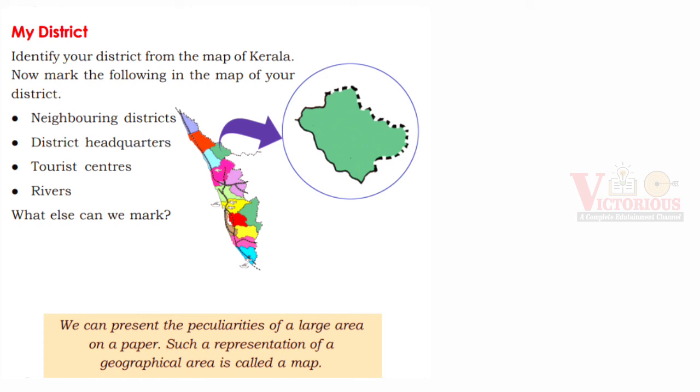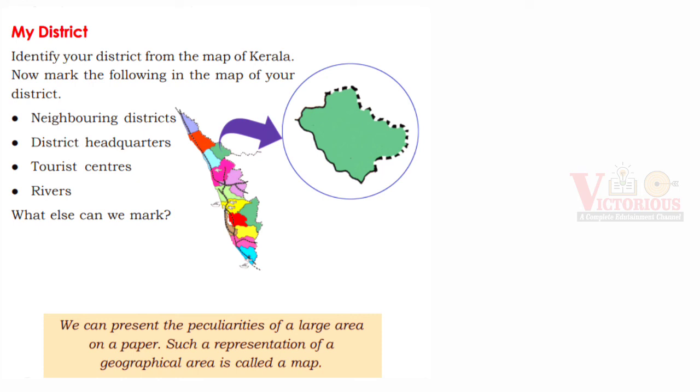And you have to check which are the neighboring districts, headquarters, tourist centers, rivers, and other major things, and what else can we mark and everything. Okay, so this is an assignment, don't forget it.